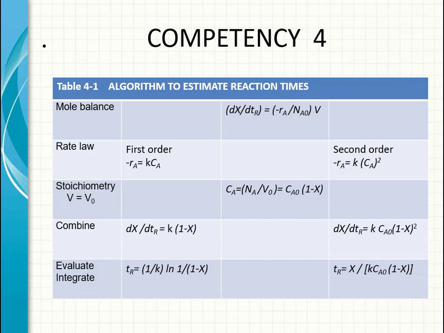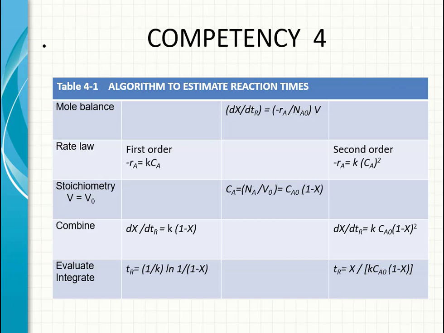Then for the first order, we have minus Ra equal to k Ca, and for the second order, minus Ra equal to k Ca squared. For stoichiometry, we have the same, Ca equals Ca0 times (1 minus X). When we combine them all, we get that dX/dtR equals k times (1 minus X).